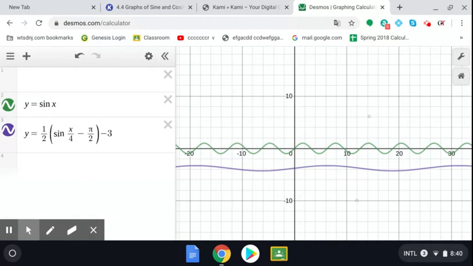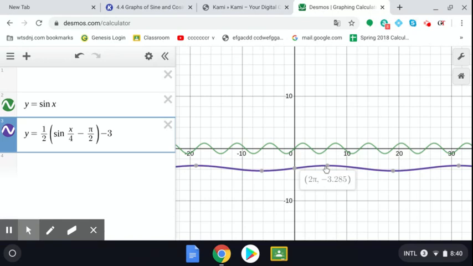So now, what appears there, like we said before, is that the period is going to be 8 pi. Everything is going to be shifted, so we have 2 pi, we have 6 pi, and that repeats itself.